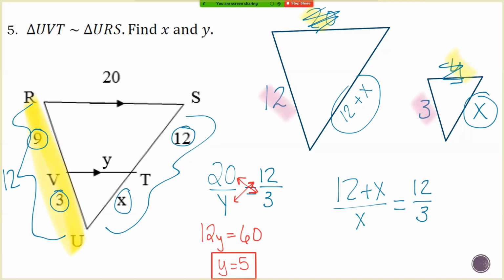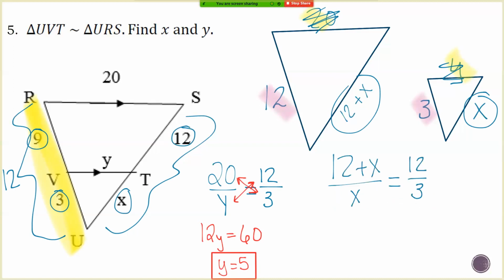So now when you cross multiply, you have to be careful. When I multiply this way, 12 times X is 12X, no problem there. But when you cross multiply this direction, this 3 gets multiplied by the 12 and the X. So 3 times 12 is 36, and 3 times X is 3X.